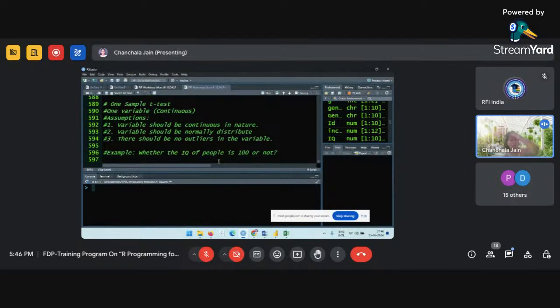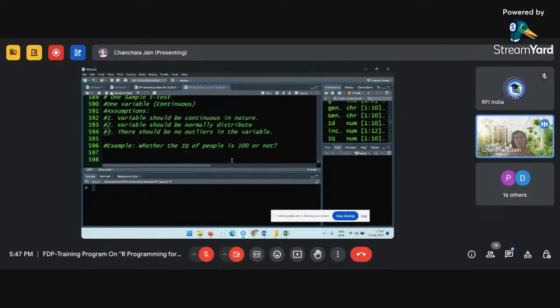Generally, for a normal person, the IQ value should be minimum 100. If a person has an IQ level below 100, that means there is some problem. So we know that the average value of IQ for a human being is 100, right?